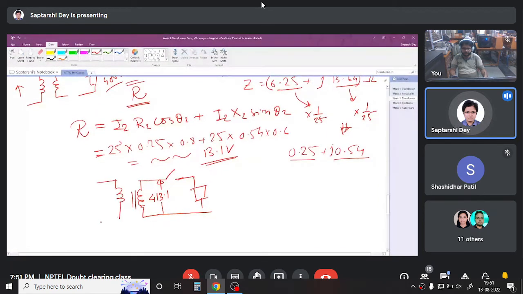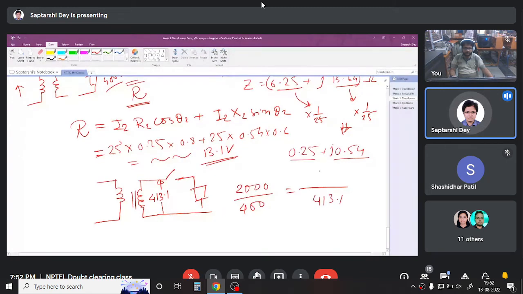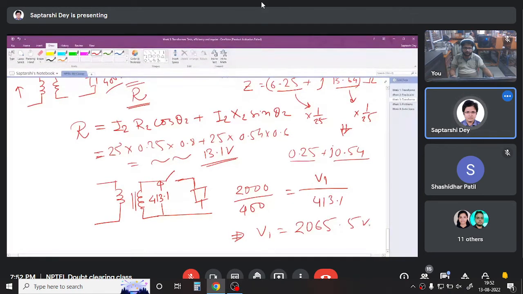So if it is 413 volt in open circuit, what will be the primary voltage? By default, the ratio is 2000 by 400. Now we have 413.1 as V2, so V1 will be simply 413 times 5, which is 2065.5 volt.